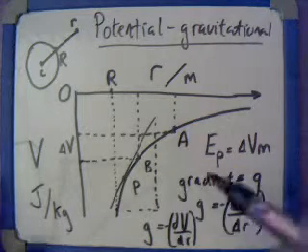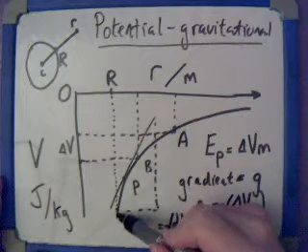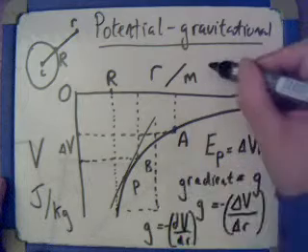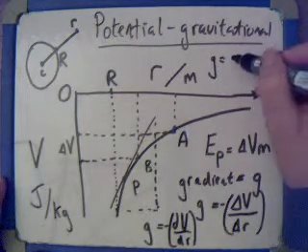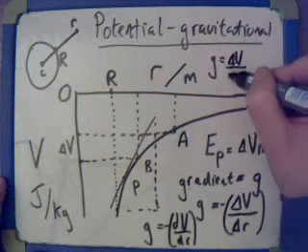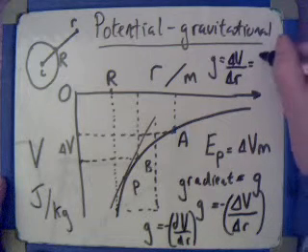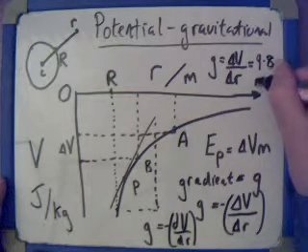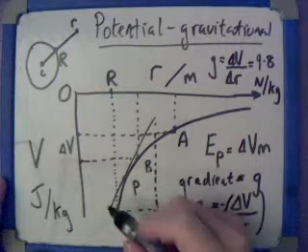So in fact, to carry on, if you were to calculate the gradient just as it hits the surface of the planet, with the Earth you would find that g would be equal to delta V over delta r, or the calculus version, which would equal about 9.8 newtons per kilogram, or meters per second squared.